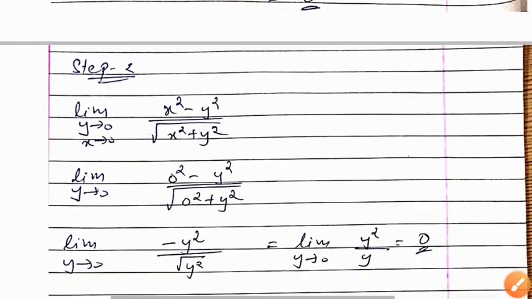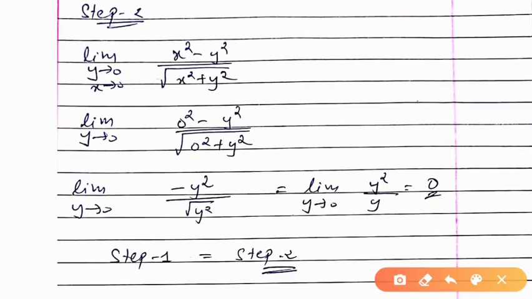Now again I will go to step 2. Step 2 is limit y tends to 0, x tends to 0. I will put this in this function. First I will put x equal to 0. So I will get in the next step minus y square upon root y square.